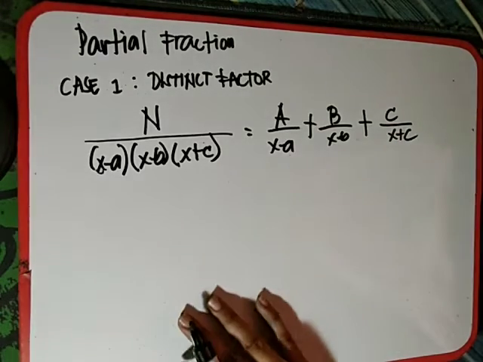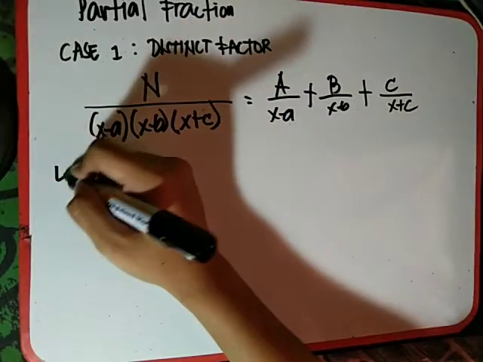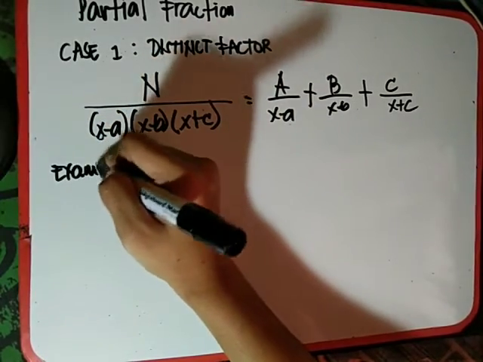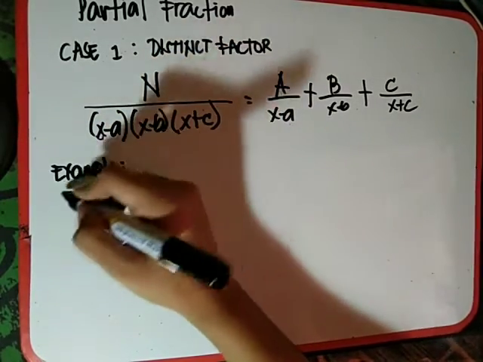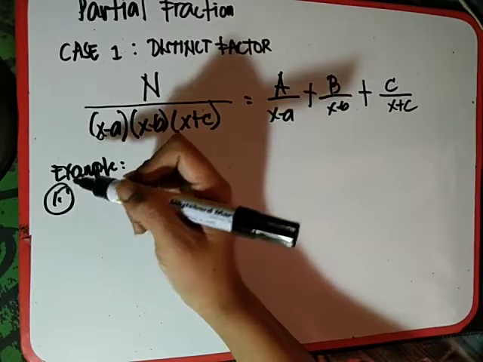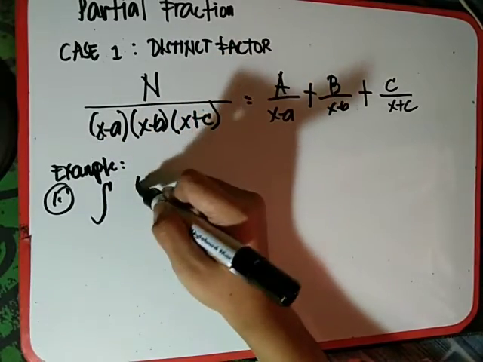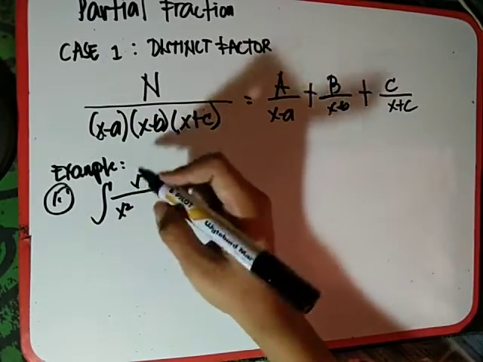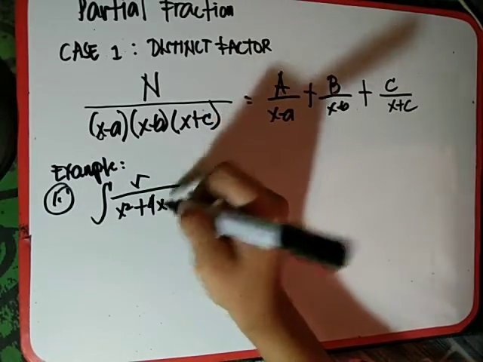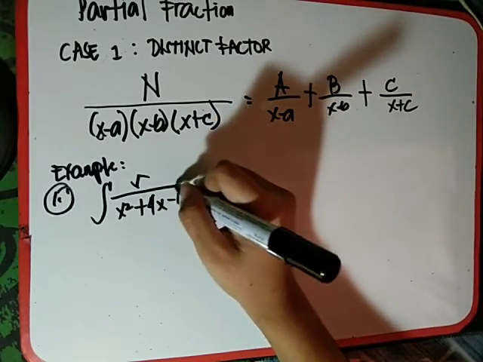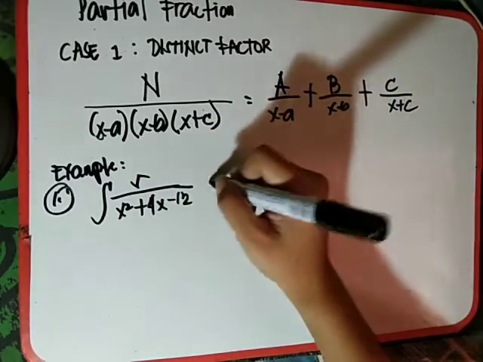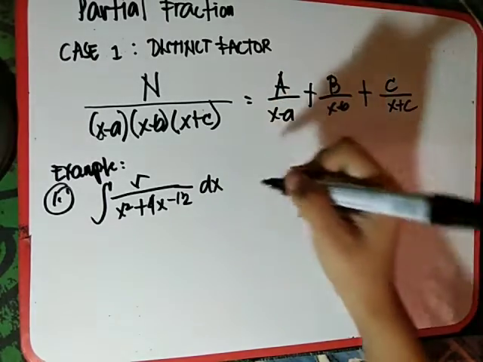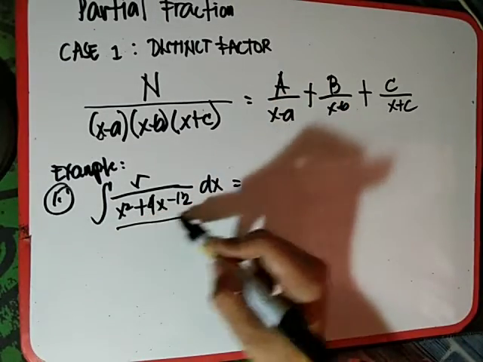So let's have an example here. Number 1. We have the integral of 5 over x squared plus 4x minus 12 dx. So we have to factor this.